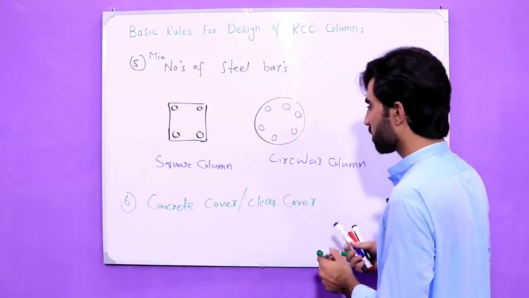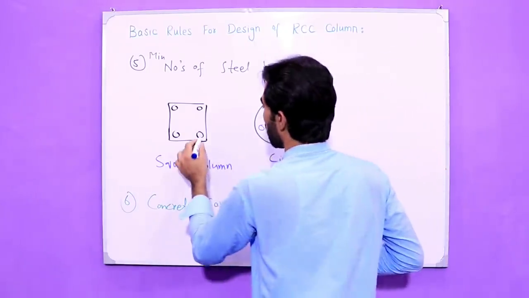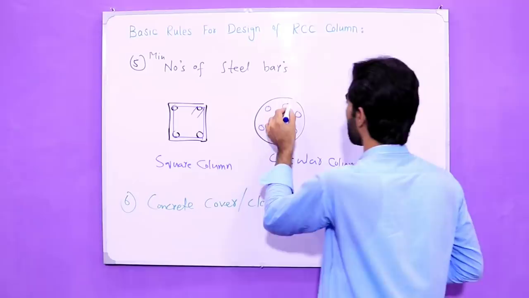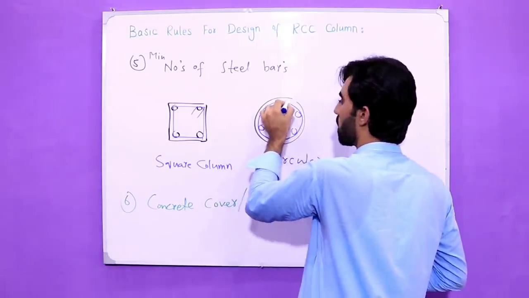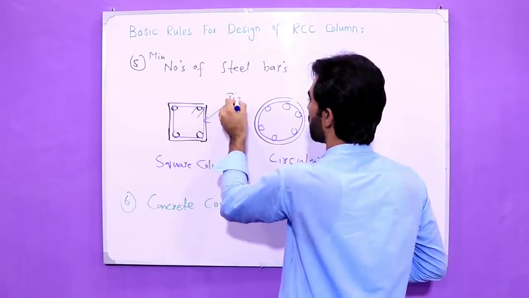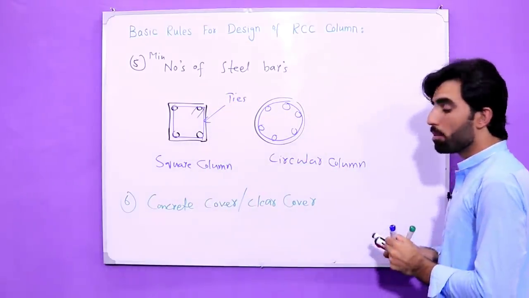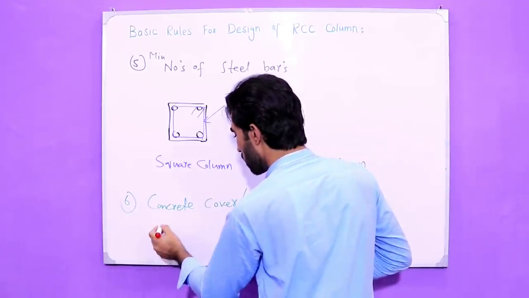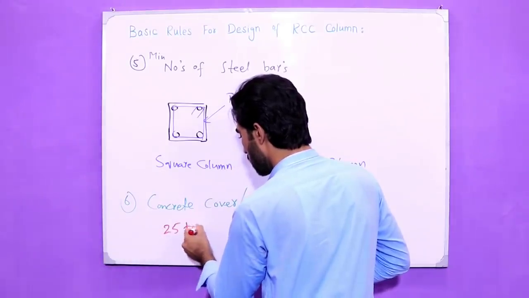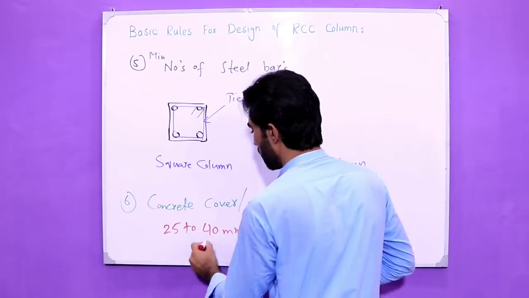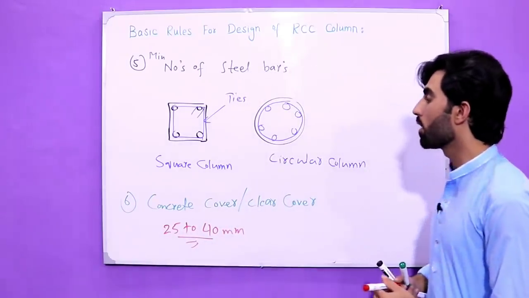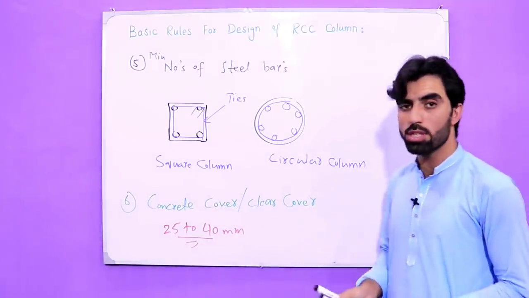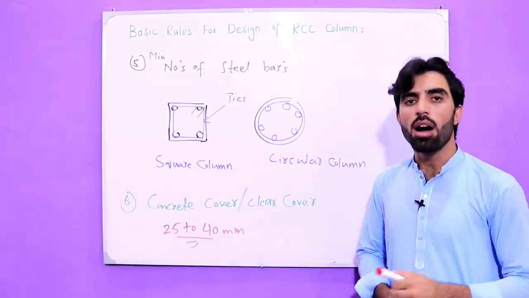As you can see, this is a lateral tie, and here this is also a lateral tie. Use between 25 to 40 millimeter as the concrete cover or clear cover for RCC column. So, guys, these are the basic 6 rules by which you can design RCC column.